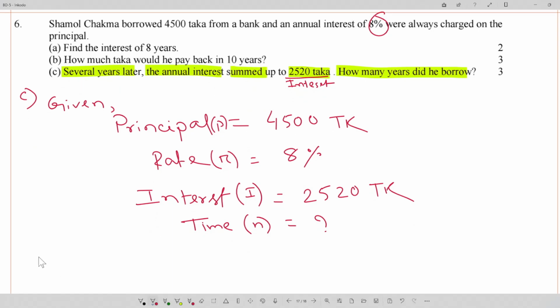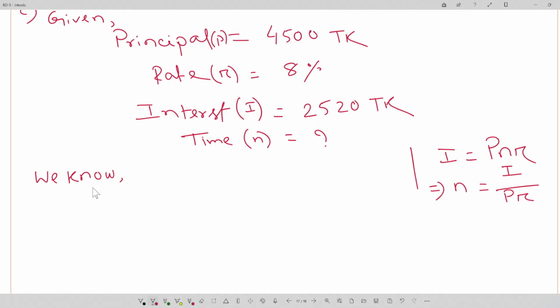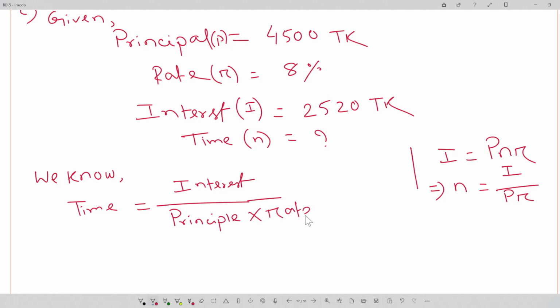So we know, look, I equals PNR. It means N will be I divided by PR. Okay, so we know time equals interest divided by principal times rate.